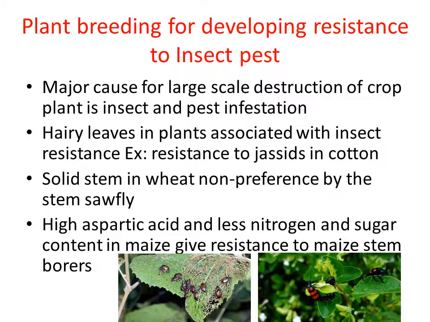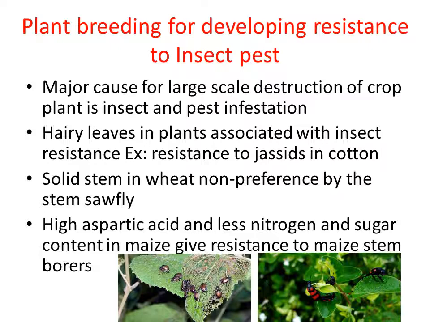Because of these natural characters, they have got resistance against some sorts of insects, right? So by seeing these characters in the plant, the breeders have got some idea to raise pest resistant plants by using plant breeding methods, right?